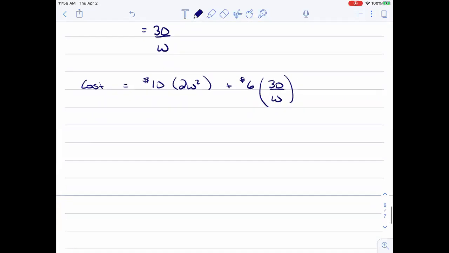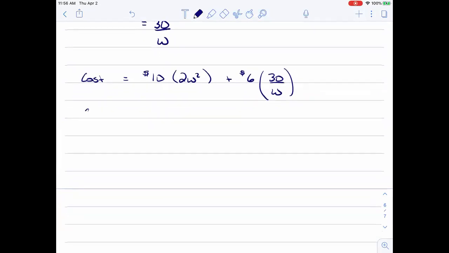Good. So the cost is a function of w, and w is the only variable in here.